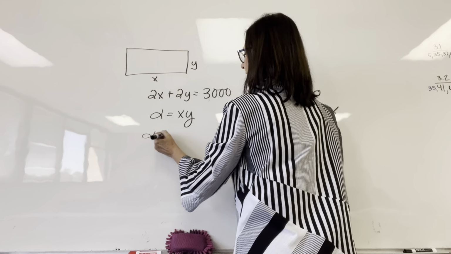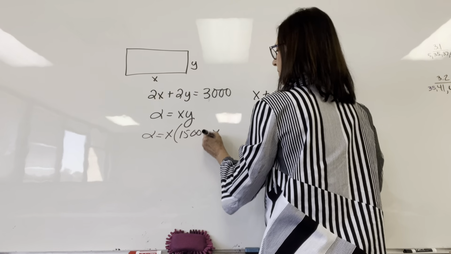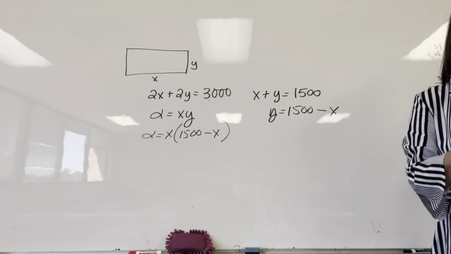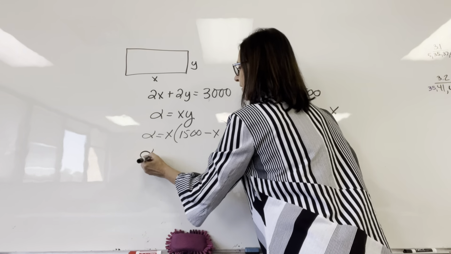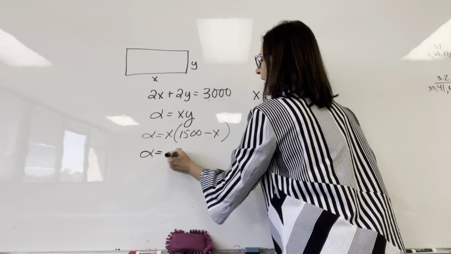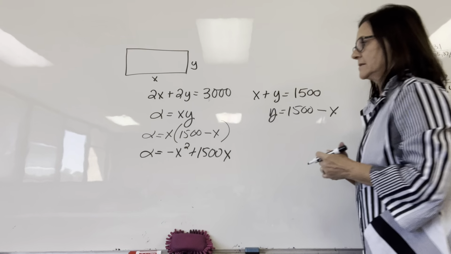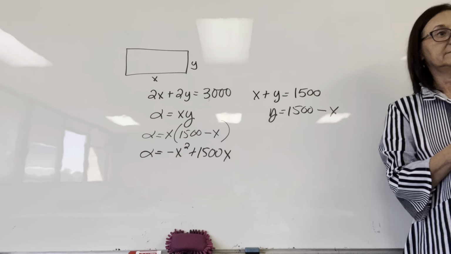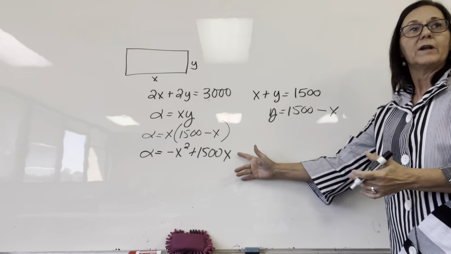So the area is x times 1500 minus x, so the area is going to be negative x squared plus 1500x. You agree? Okay, what does this look like?